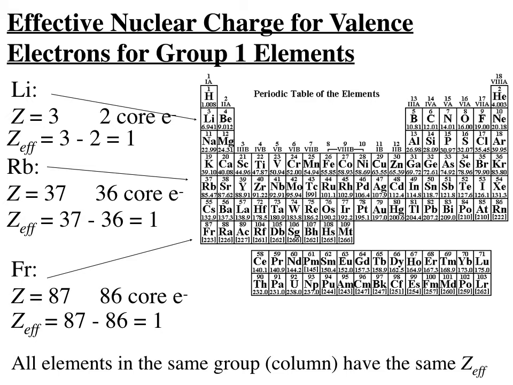So let's table that for the moment, and for now blindly apply the statement at the bottom: if you are an element in the same column as other elements above or below you, then you have the same Z effective, or your valence electrons feel the same effective nuclear charge due to the shielding, we will call it, of the core electrons from all of the positive charge of the nucleus.